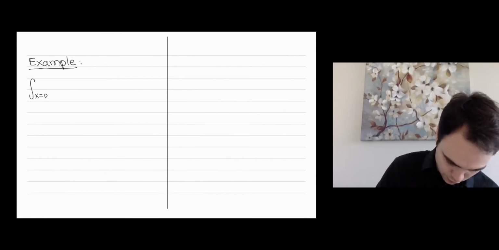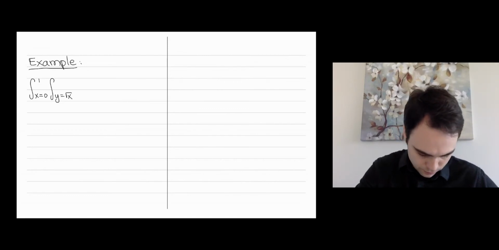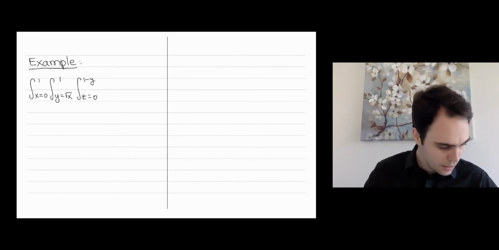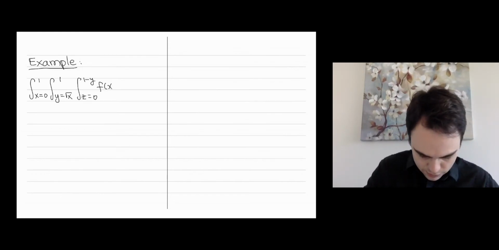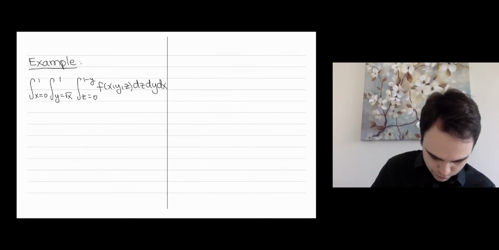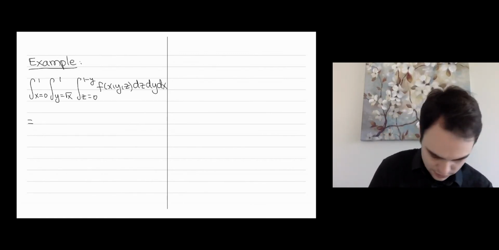So x goes from 0 to 1, y goes from root x to 1, and z goes from 0 to 1 minus y. And then I'm integrating a function of x, y, and z with respect to dz, dy, and dx. And our job is to rewrite this integral in the order dx, dy, dz.